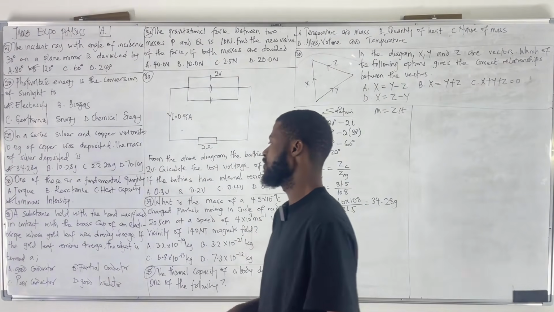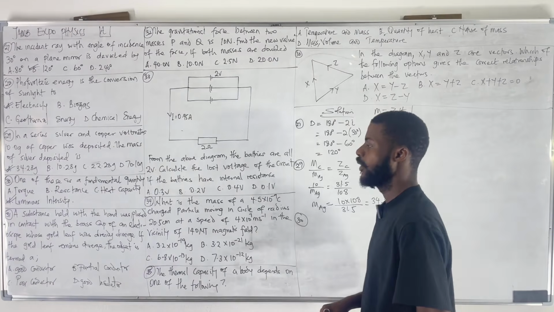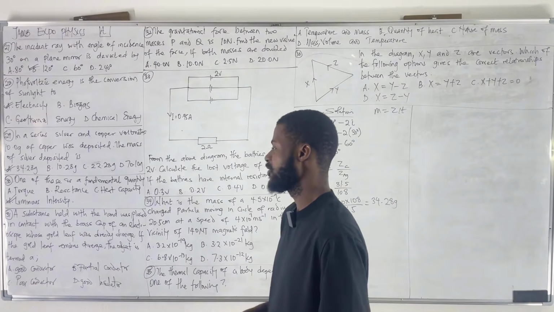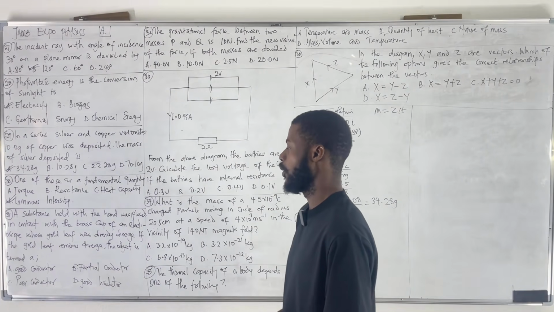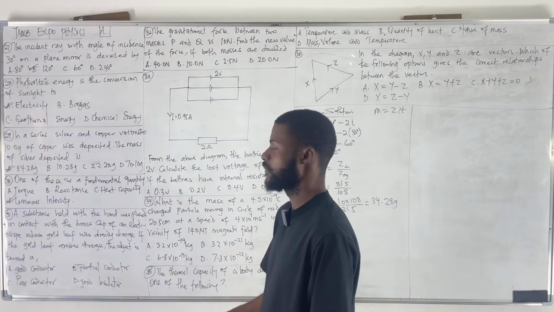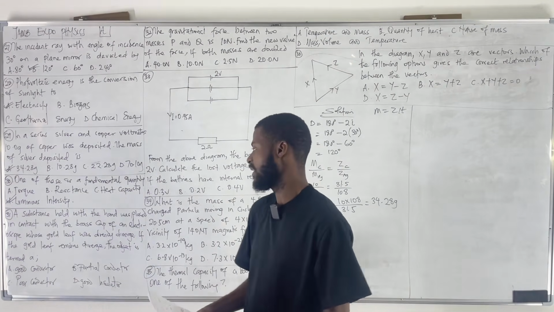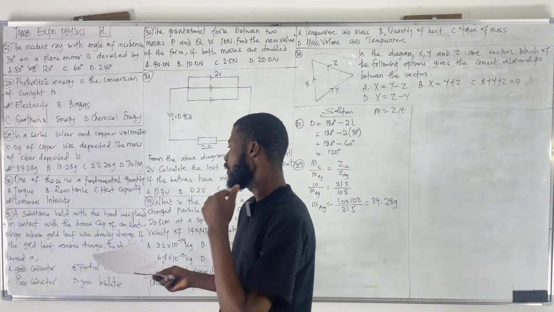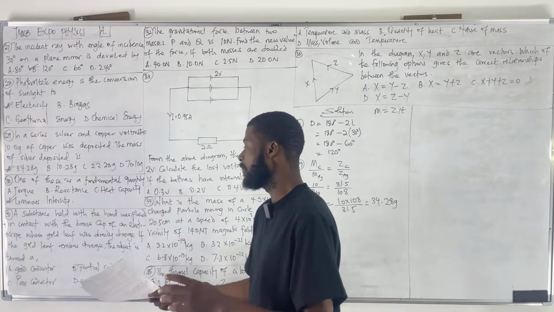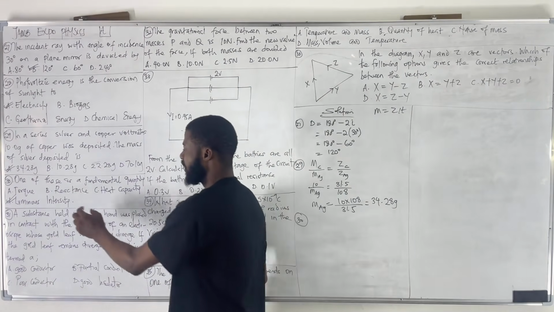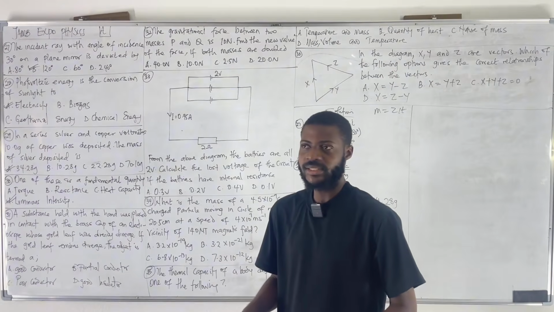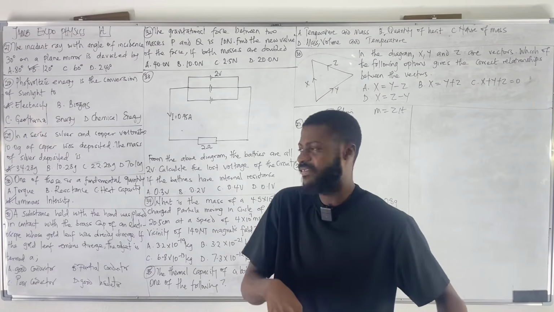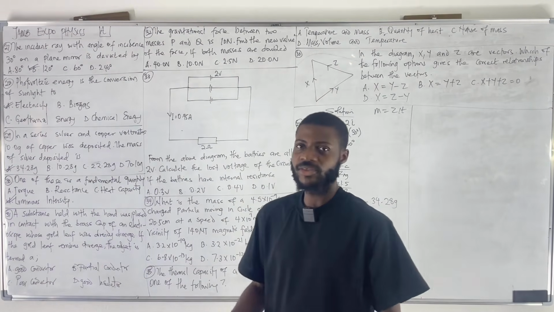Number 31. A substance held with a hand was placed in contact with the brass cap of an electroscope whose gold leaf was already diverged. So already the gold leaf in that very electroscope was diverged. If the gold leaf remains diverged after bringing that substance close to it, it's still the same, it's not converging, it's not changing.